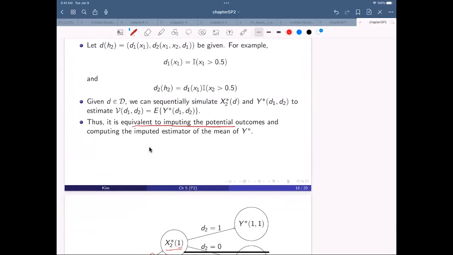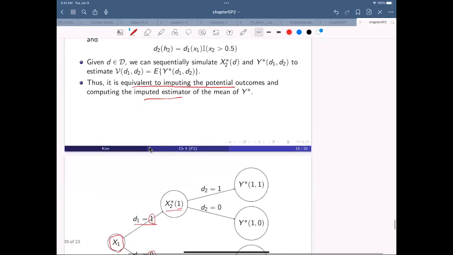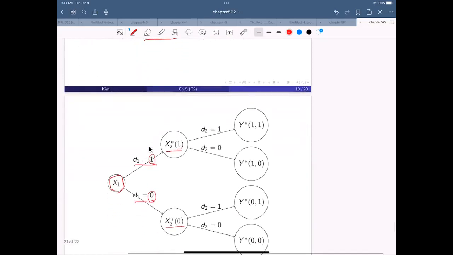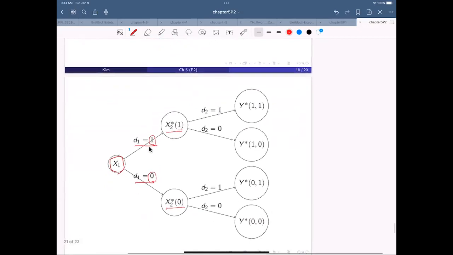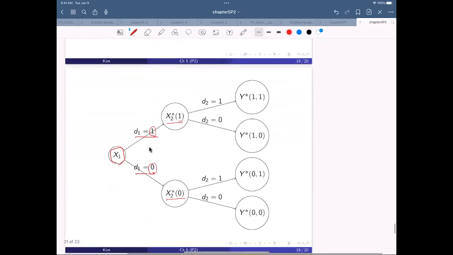So right, because each individual only visits one of the paths, right? Only one path, and then conceptually, the imputation would be what would be the other choices?